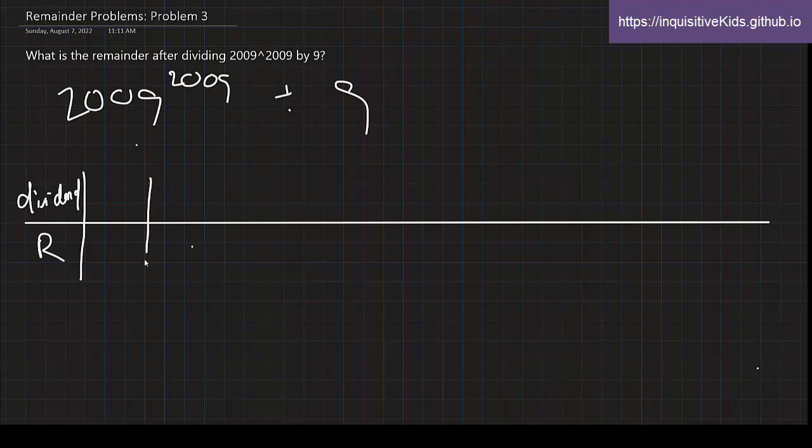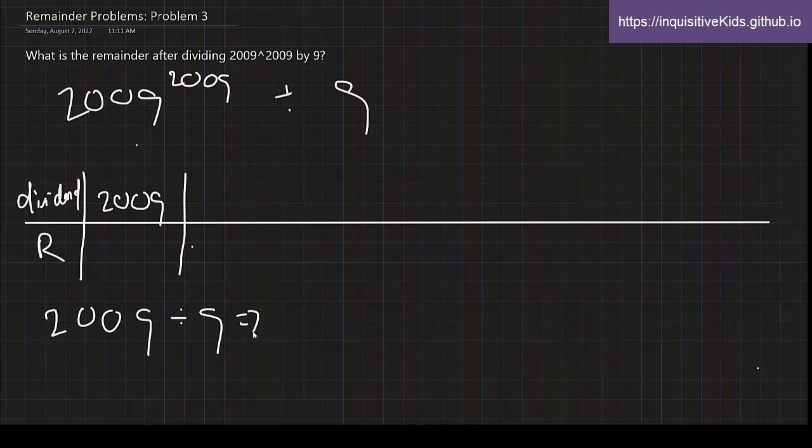Our first one up here is 2009 itself. Well, 2009 itself is just a 4-digit number, so you could just divide it and you will get a remainder of 2. So the remainder is 2.